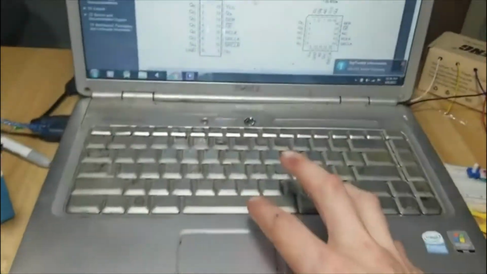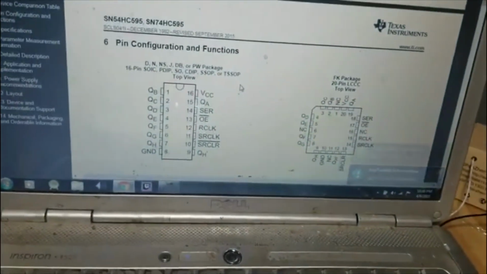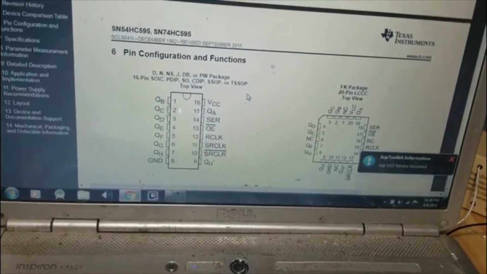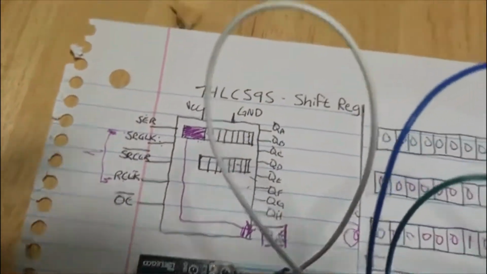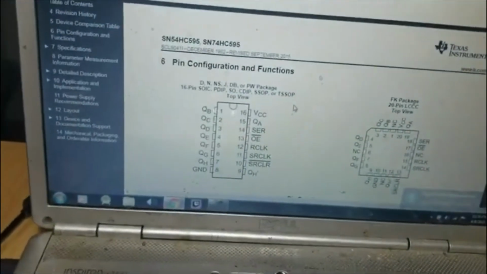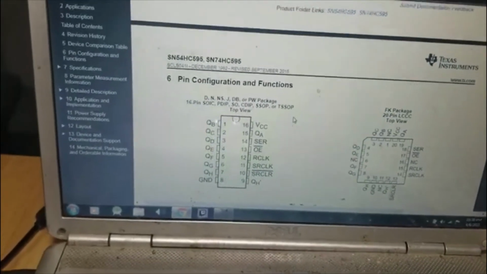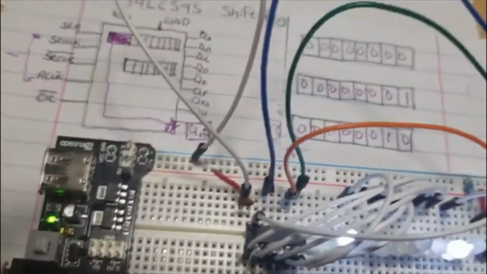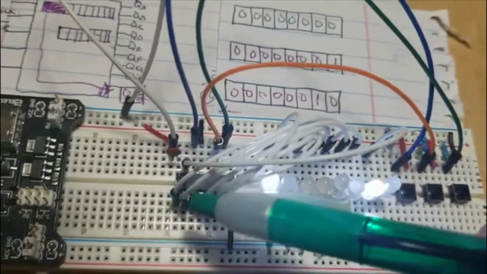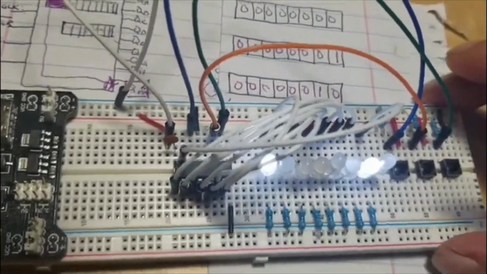On the data sheet, you'll notice the pinout is different than what I have over here. And this is the actual data sheet, and so this is what the actual pinouts are. And what I have here obviously reflects what it physically does.